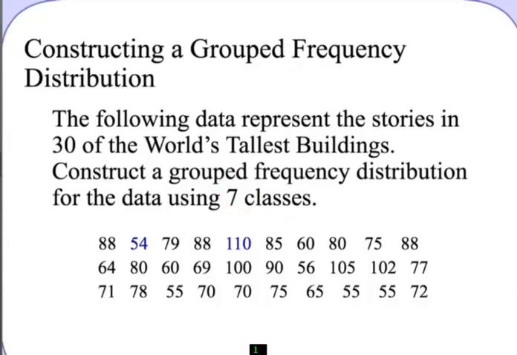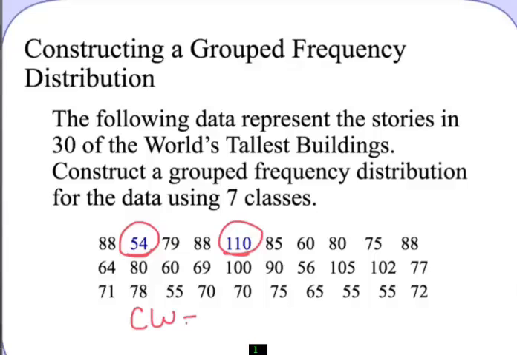Okay, well, some of the things that we wanted to do was we wanted to find our highest and our lowest numbers. 54 is my lowest and 110 is my highest. Once I do that, then I can find my class width.